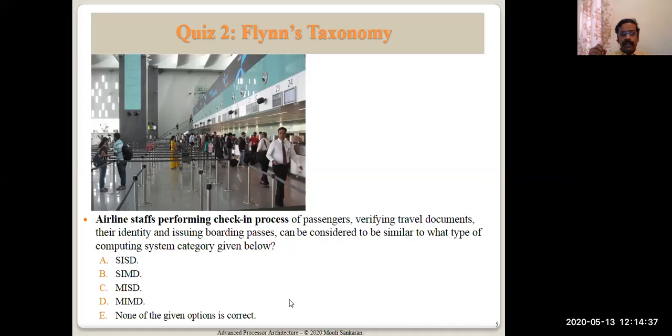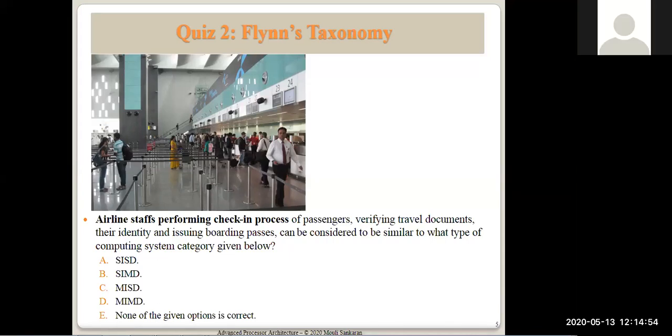In that case, are they executing a single sequence of instructions or multiple instructions? They are executing a sequence of instructions, but are they doing the same sequence? They are doing the same sequence of instructions. Are they doing it on the same set of people or different people? Different people. In that case, what should be chosen?